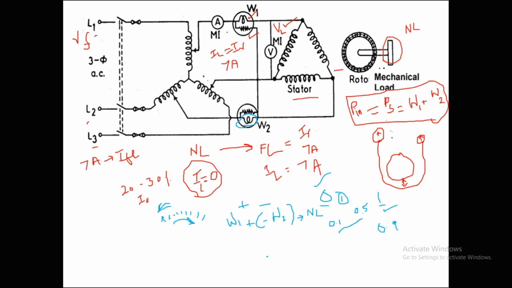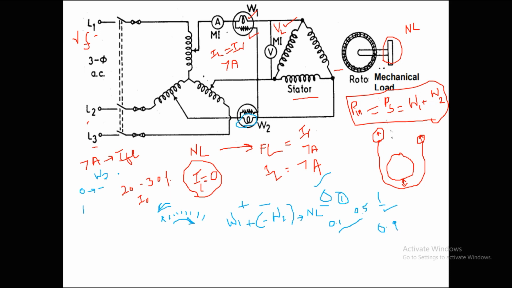And after giving some load to the machine, starting from no load, we are going to start giving load to the machine. So from 0 load, we now move on to a 1-step load. At 0 load we had a negative deflection in W2.